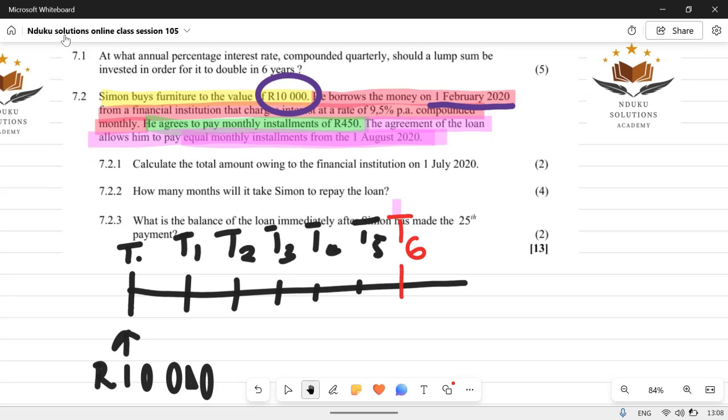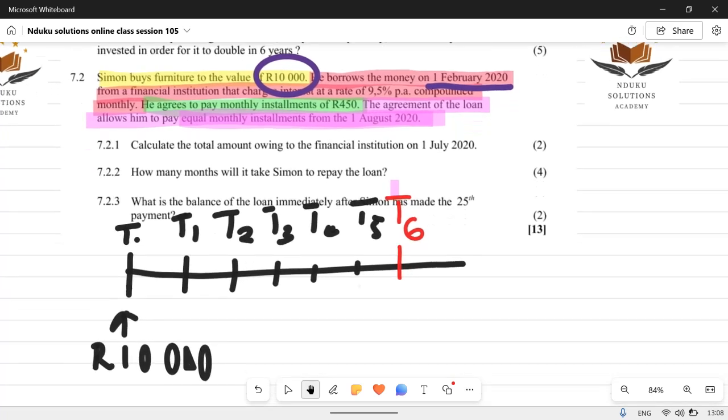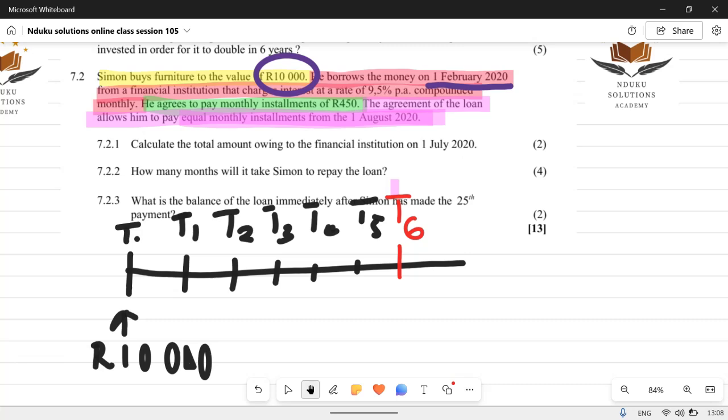So we want to find out on the 1st of August, on the 1st of July 2020, how much does Simon owe the bank? But because he was not paying for it, how much was he owing when he was here? Let me just make it so that you can see how much was he owing when we were here. So you see that it's just 5 months.